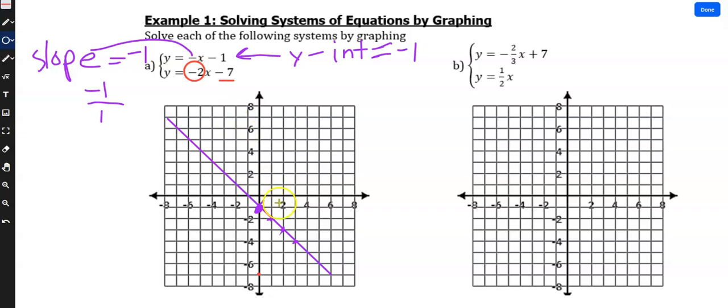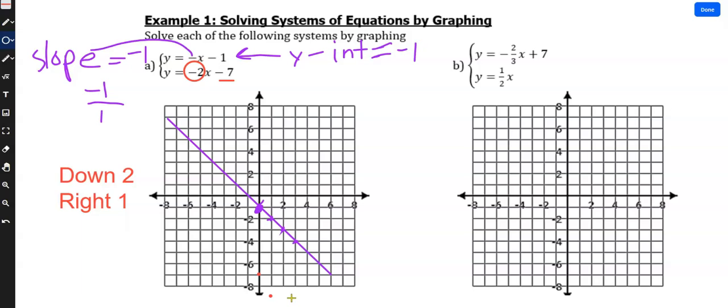So that means down 2, right 1. Now, I always encourage my students to use the right first. But if I go down 2 and right 1, it literally puts me off the graph.